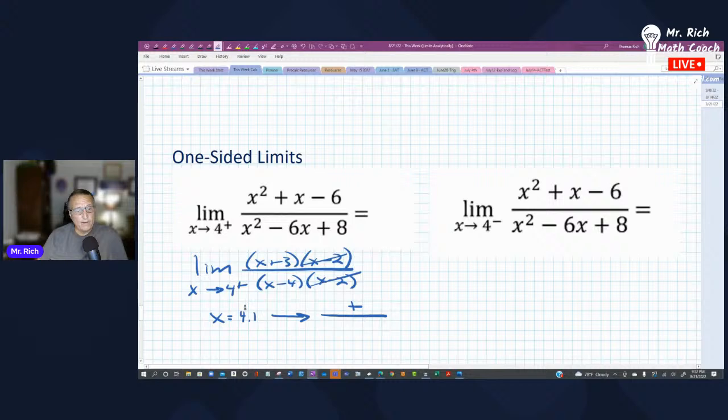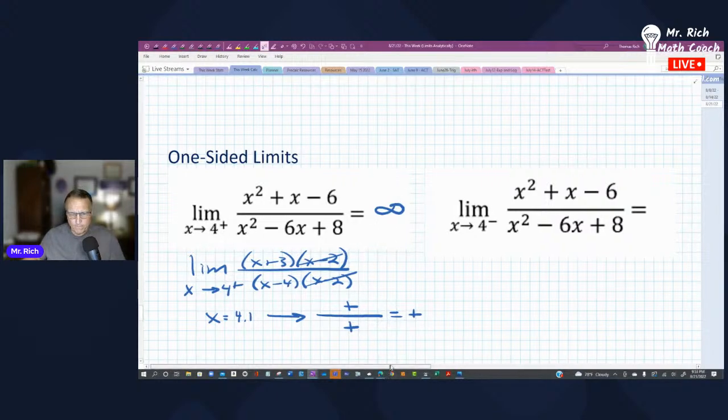And then the bottom, it's going to be 4.1 minus 4. So if I'm to the right of 4, this denominator is always going to be positive. And a positive divided by a positive is a positive. So this one-sided limit is heading to infinity. That's how that's going to work.